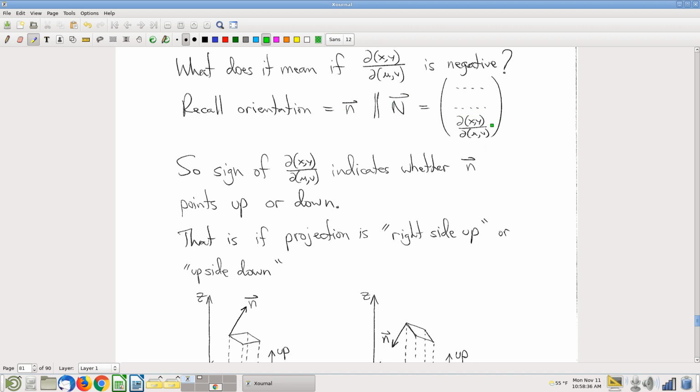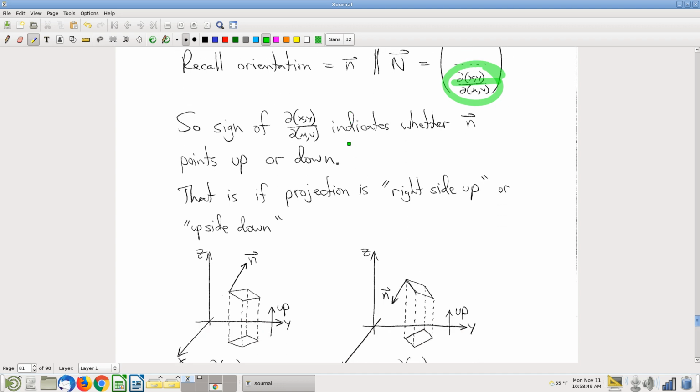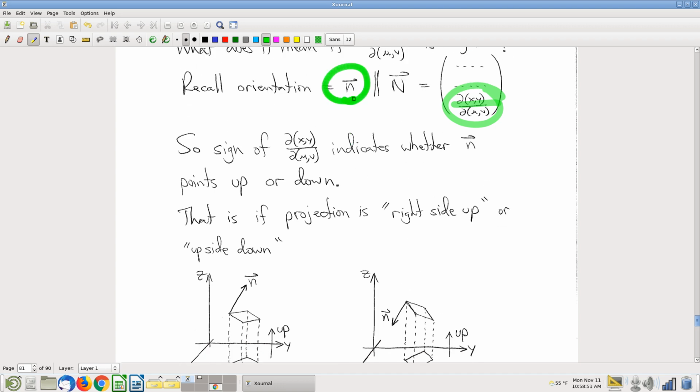And big surprise, if this is negative, it just means that this thing here is pointing downward. Third coordinate's negative. It's pointing downward.